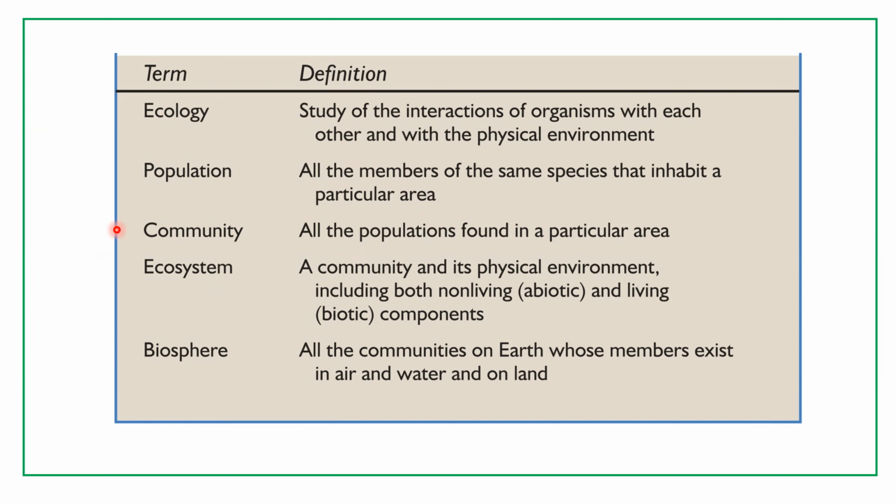An ecosystem is the community and all of the physical environment, including the non-living part of the environment, which we call abiotic factors, and the living components of the environment that we call biotic factors. There will be another lecture on community and ecosystem ecology. The biosphere is all the communities on Earth whose members exist in air, water, and land.